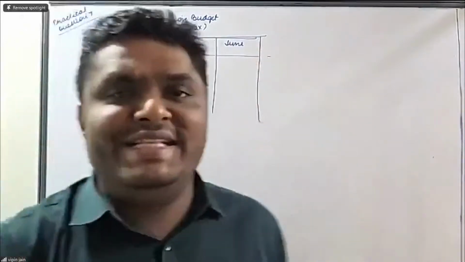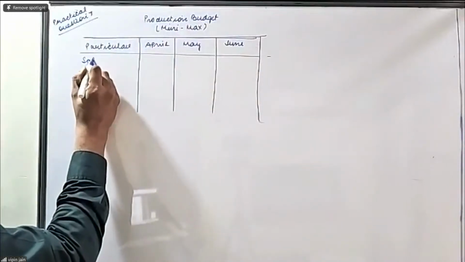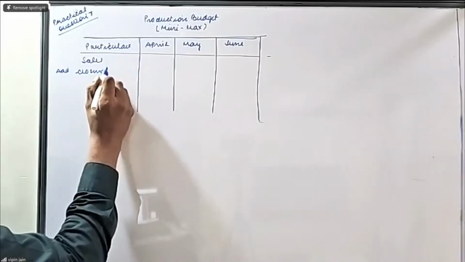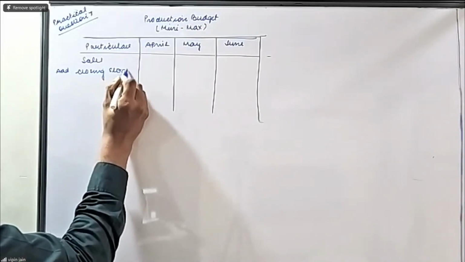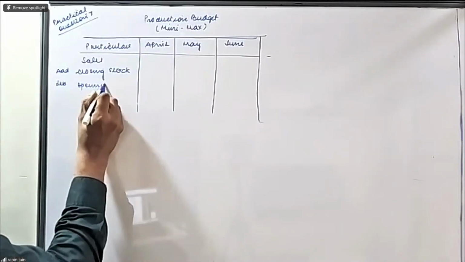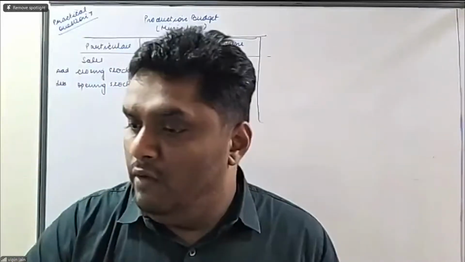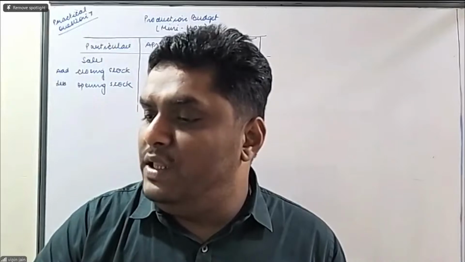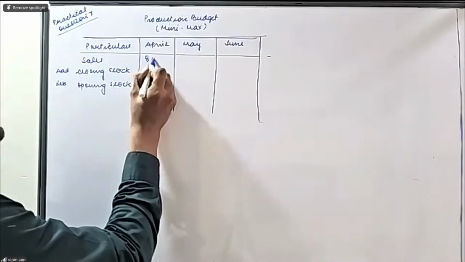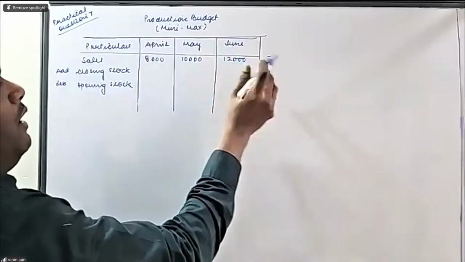So the same way, sales add closing stock less opening stock. When talking about the sales given for the month of April, May, June, that is 8,000, 10,000, and 12,000.